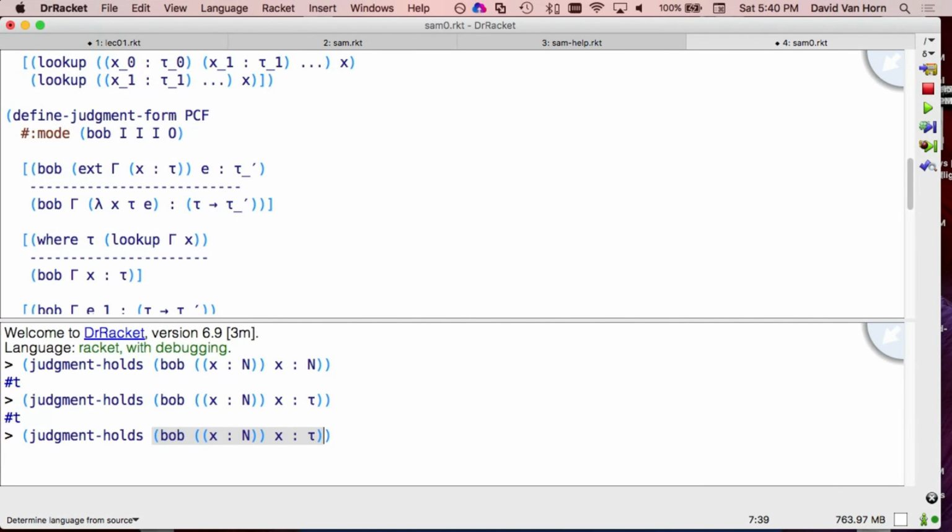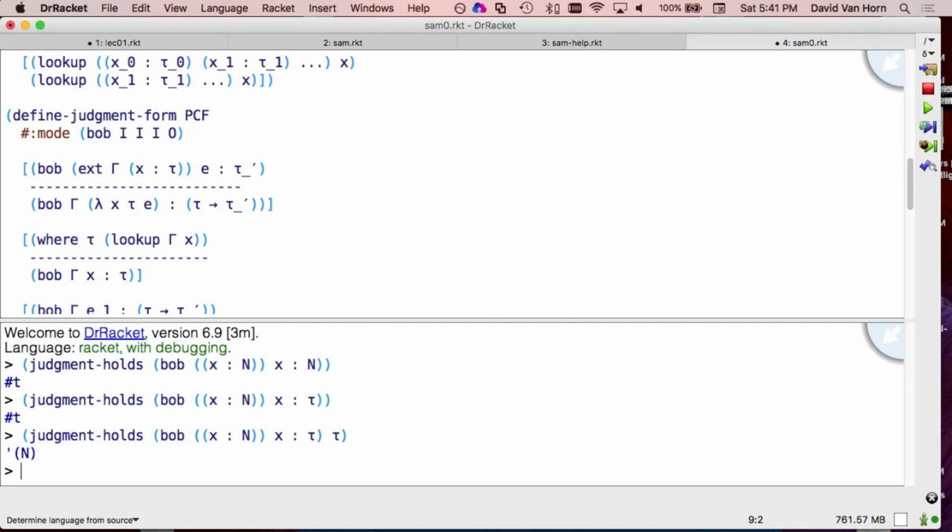And in fact, if I want to know what that type is, I can give judgment holds two things. I can give it the use of the judgment, and then I can refer to the pattern variables that I was binding over here and have them be returned to me.